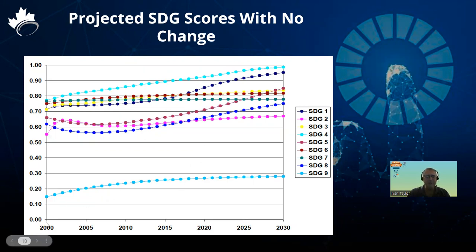You can see that the graphs run from the year 2000 to the year 2030, and the model has been calibrated with data from 2000 to 2022, and then we use the model to project into the future how the SDGs will look in 2030.